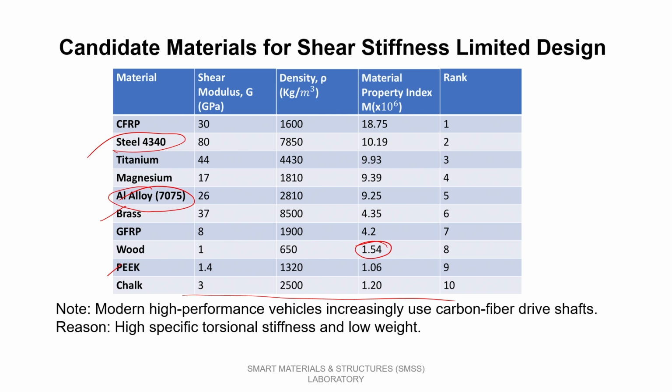And GFRP also. GFRP is in fact quite comparable to even brass, for example. So, lesser than aluminum alloy, but it is quite good. These two are regularly used for such applications, but of course carbon fiber reinforced plastic remains the best in this category, no doubt in it.